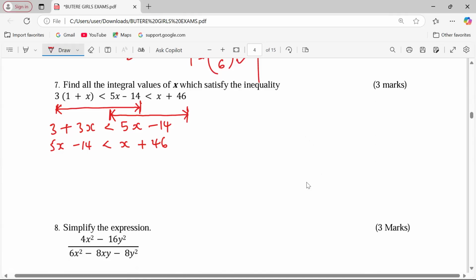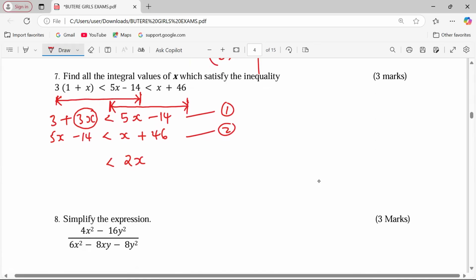So from the first one, this is 1, this is 2. We begin by grouping terms together, whereby we can have less than. Then we talk about 5x minus 3x. When we take 3x to the right, it will be 2x.